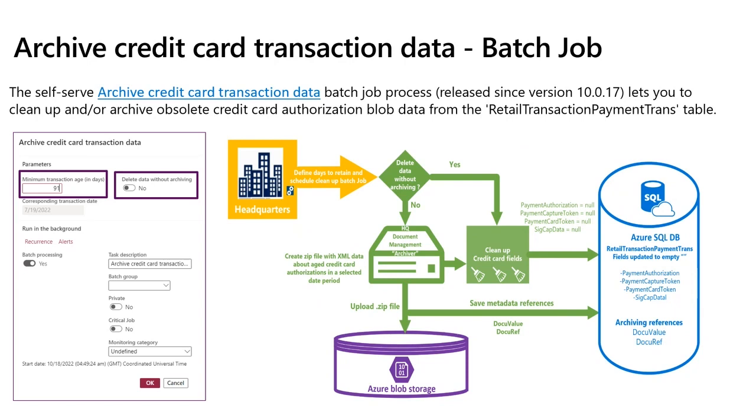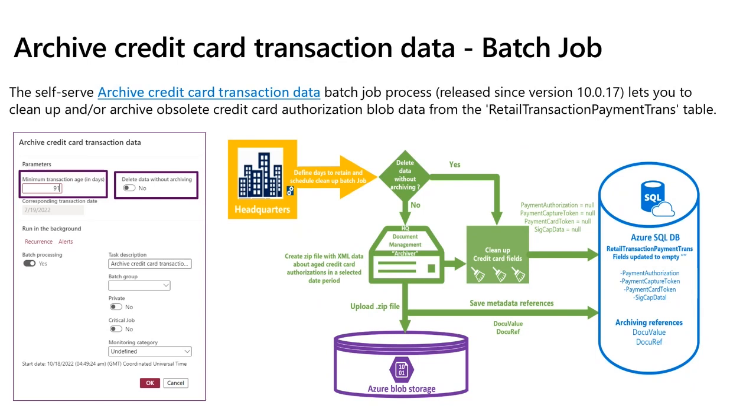If a transaction is returned after the retention days, the customer will have to be refunded via a standalone refund to either a credit card or some other payment method, such as a credit memo or a gift card. It's important to mention that the archiving process has a dependency on the document management functionality. If this is not set up in the environment, the archival job can't successfully be run.